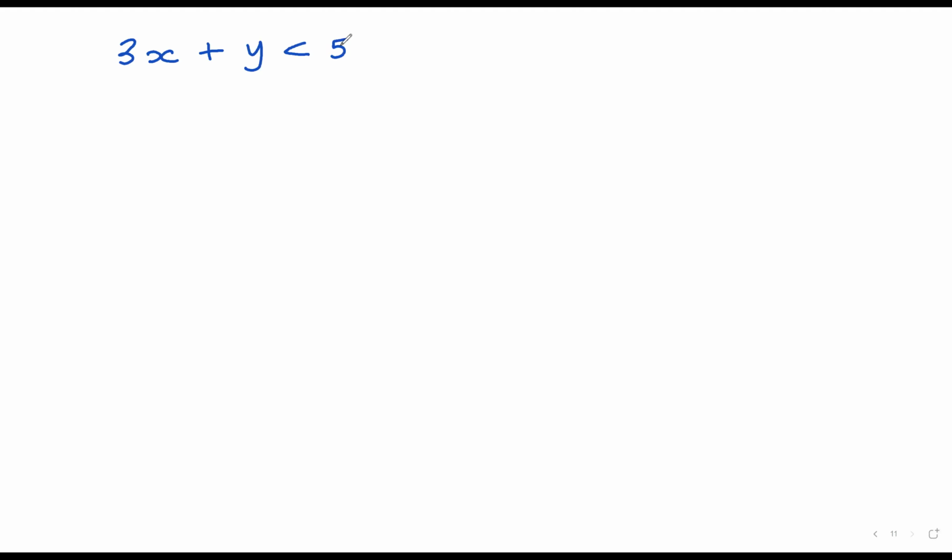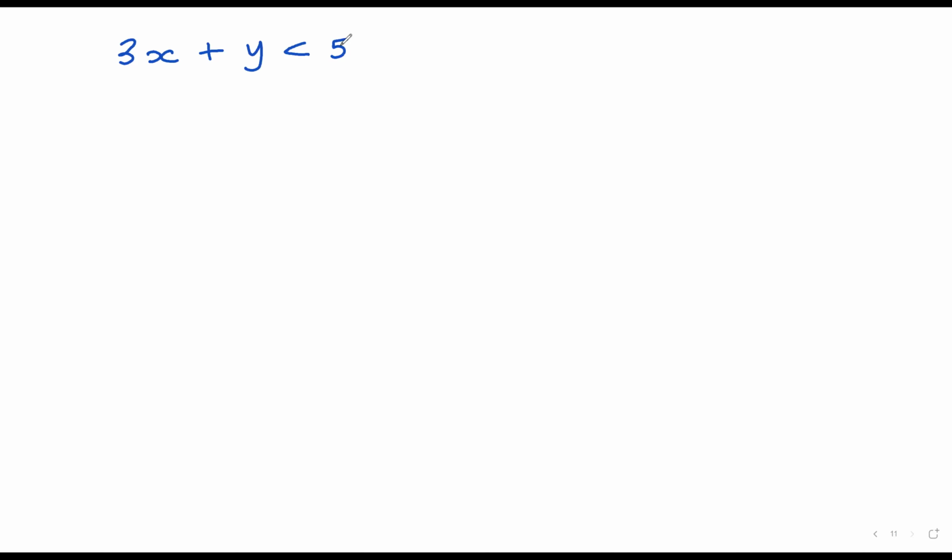So first thing, just like with all the others that we looked at, you first need to draw the line. So for 3x plus y is less than 5, I first need to draw the line that corresponds to this equation. In order to sketch the line, you could just use some values and substitute them and then sketch the graph.